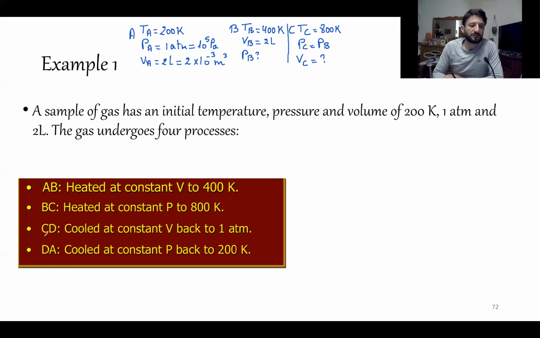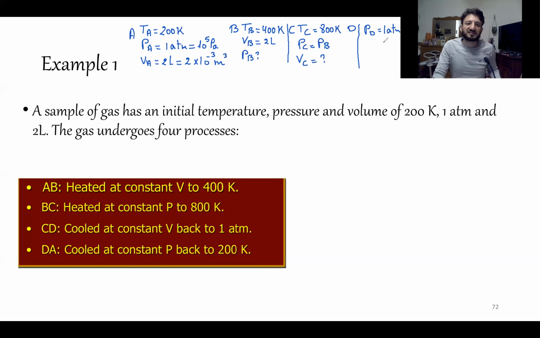Now we go to the point D by cooling. We have cooled at a constant volume. Cooled, it means we have Q cold. Q must be negative, okay? At a constant volume with P equals 1 ATM. So at the point D, we have PD equals 1 ATM.